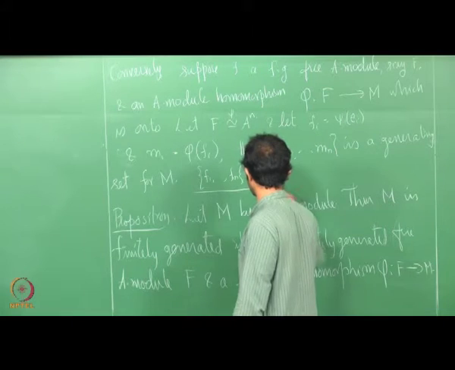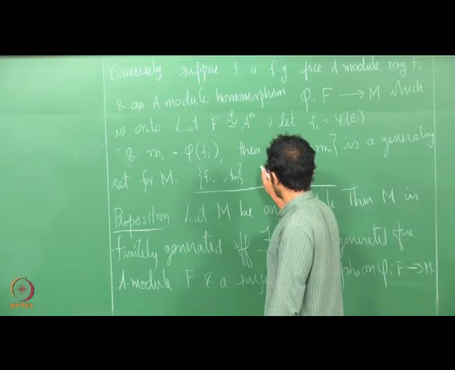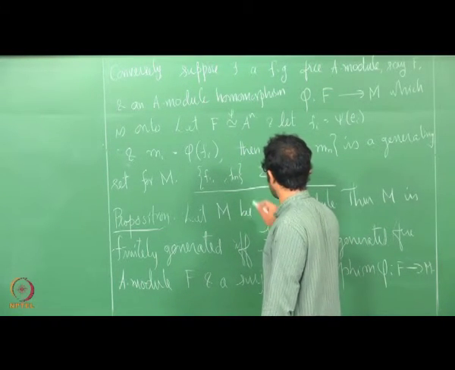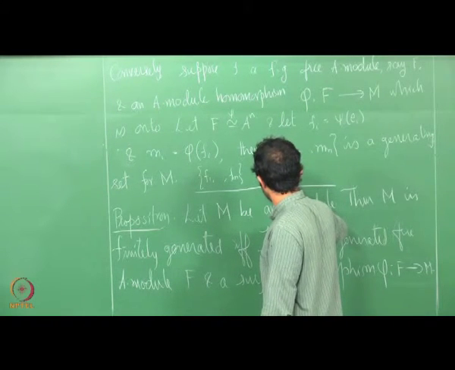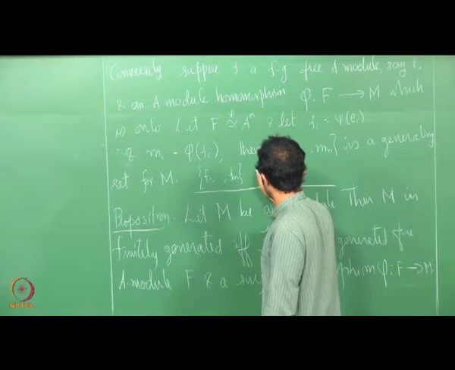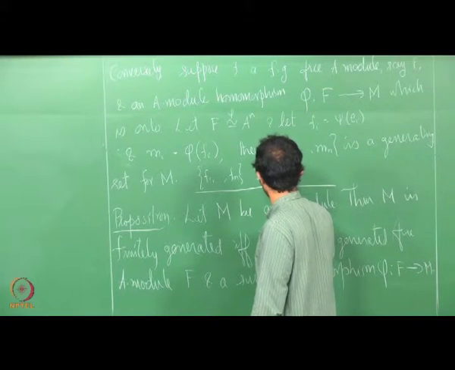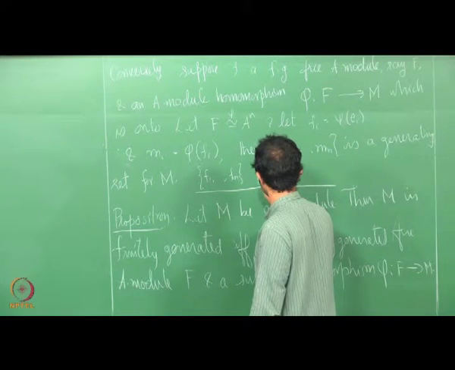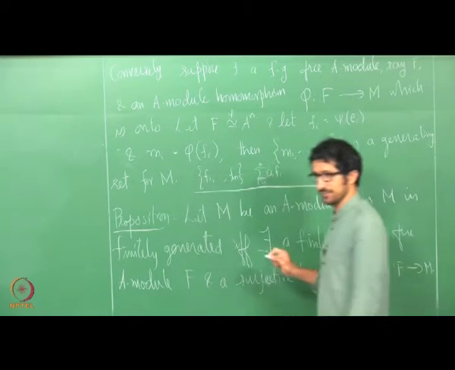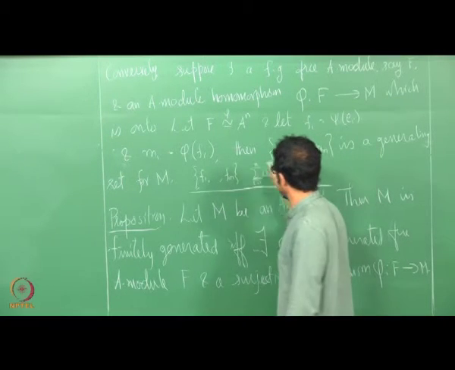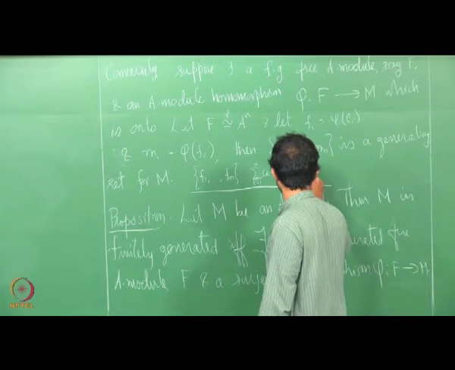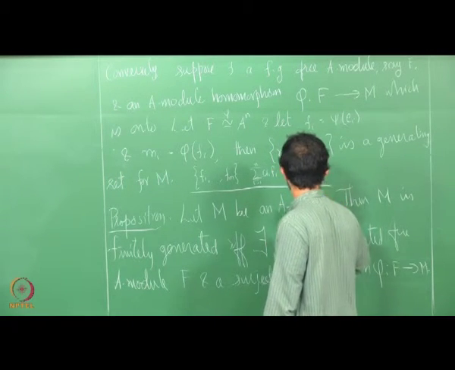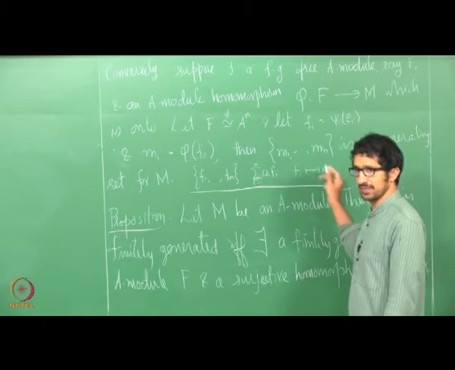Suppose this is a generating set, then every element is a linear combination of the form sigma ai fi. Now look at the images of fi.